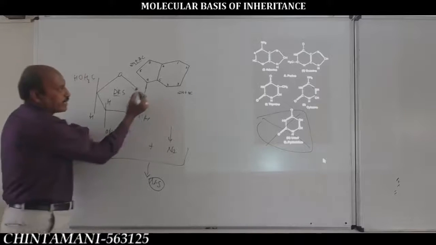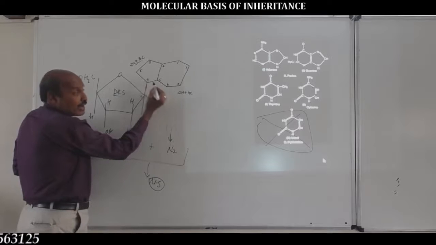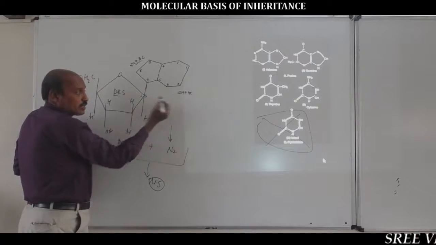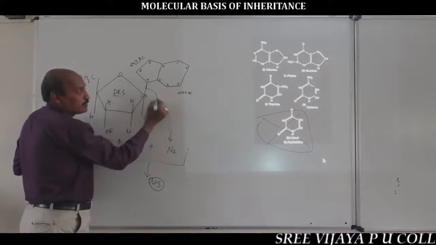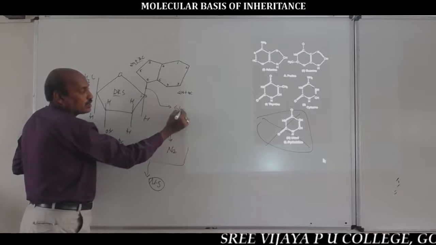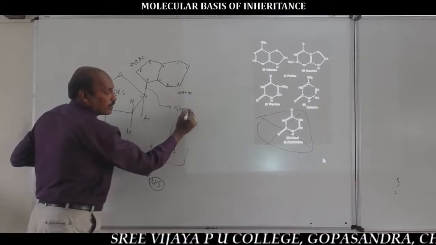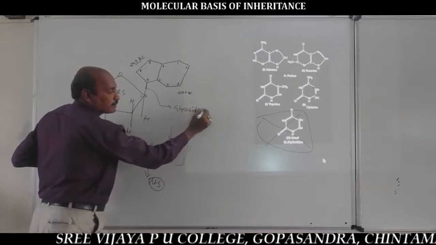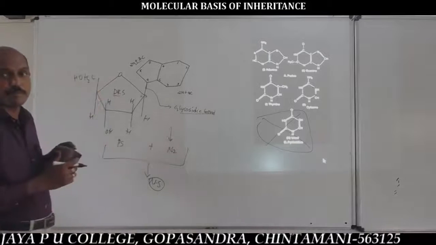Listen here. The ninth atom of the imidazole ring of the purine base binds to the first carbon atom of the deoxyribose sugar through a glycosidic bond. You should remember.